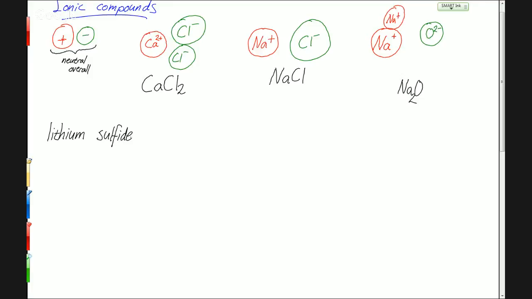So what's the formula for lithium? You could look this up on a periodic table if you've got one with a name, but if not, I'll just tell you it's Li. So lithium is Li, and that's number 3. What charge do you expect lithium to take?